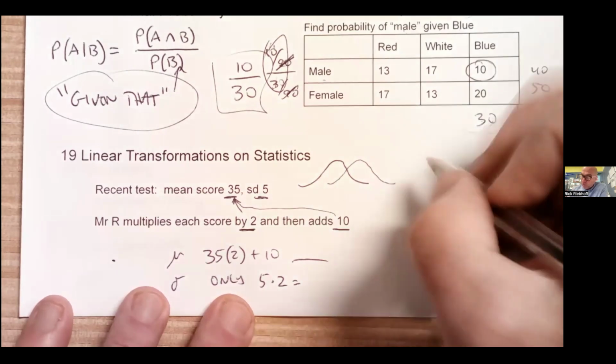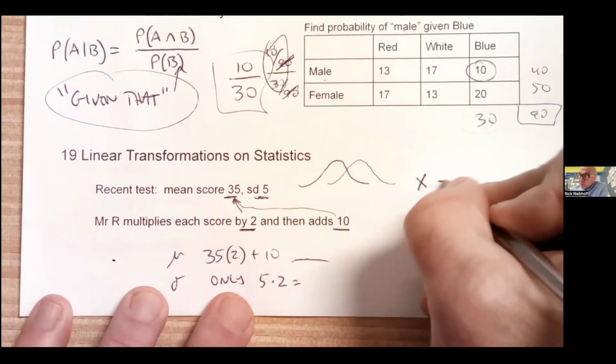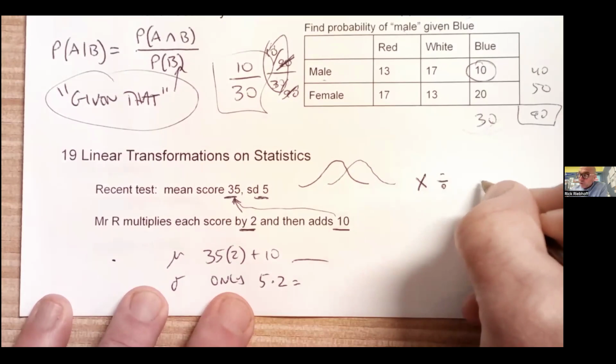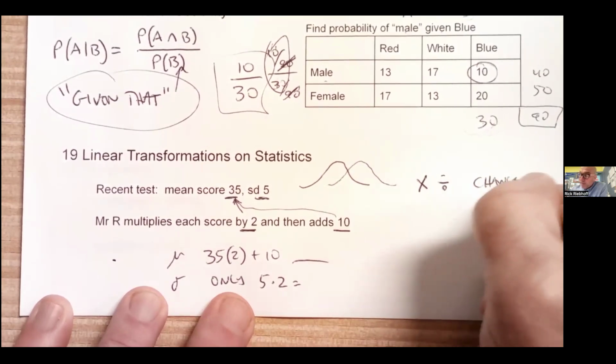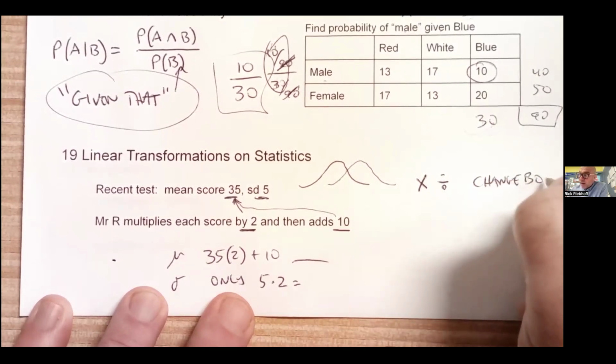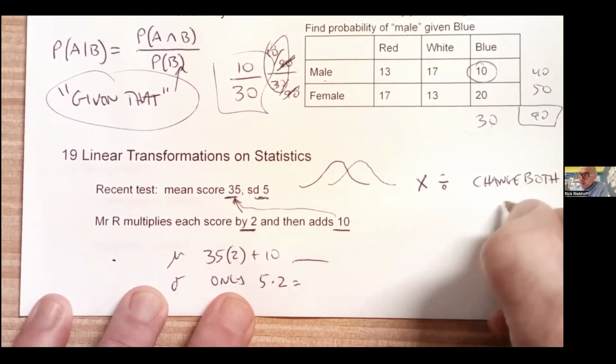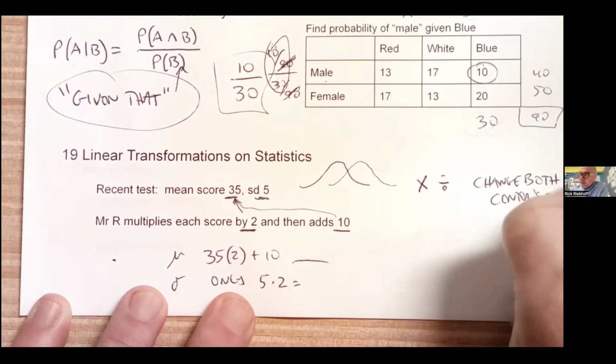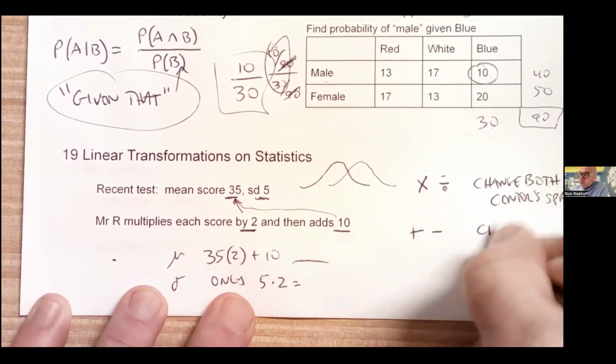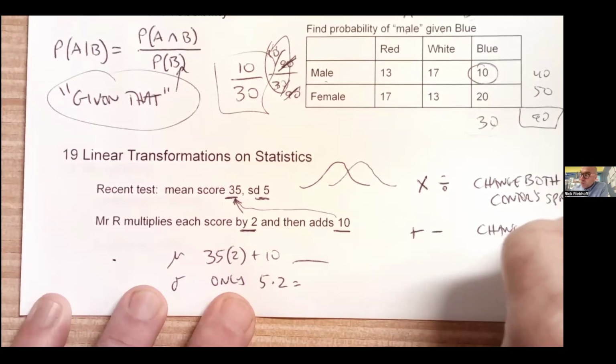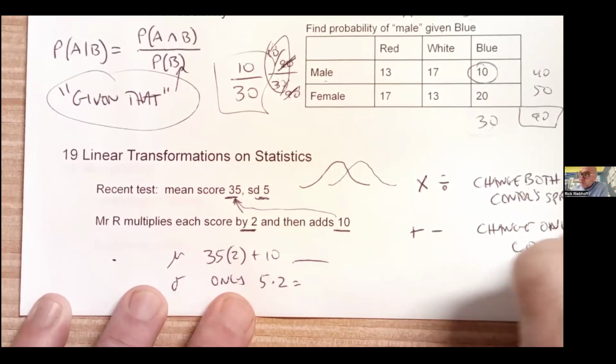That stays the same. So just a real quick reminder, multiplication and division will change both center and spread, but addition and subtraction will change only center. It will not change spread.